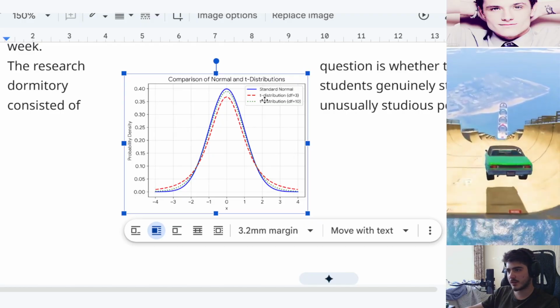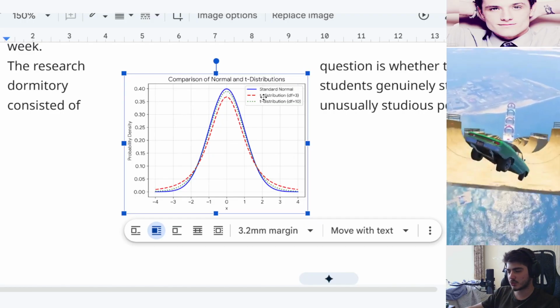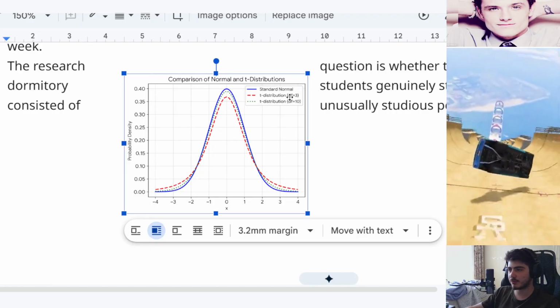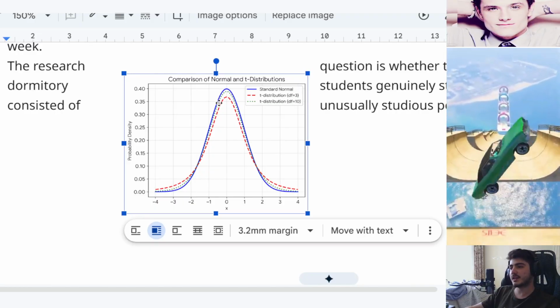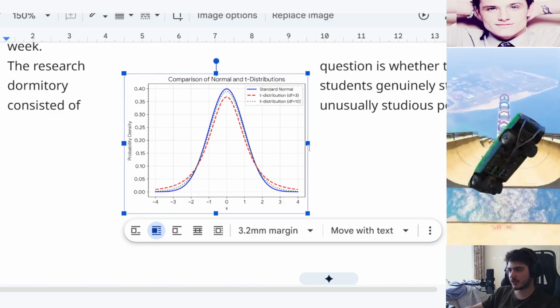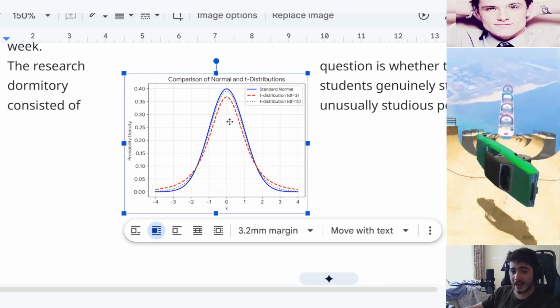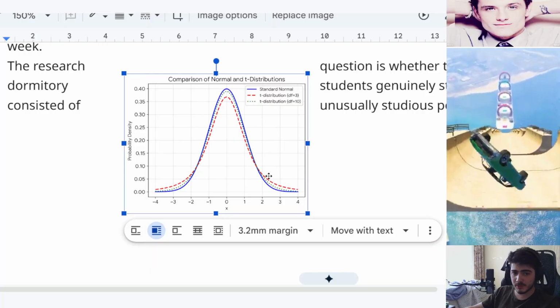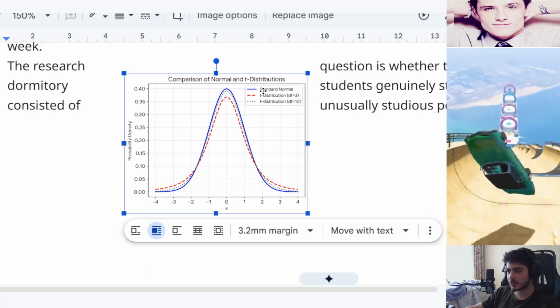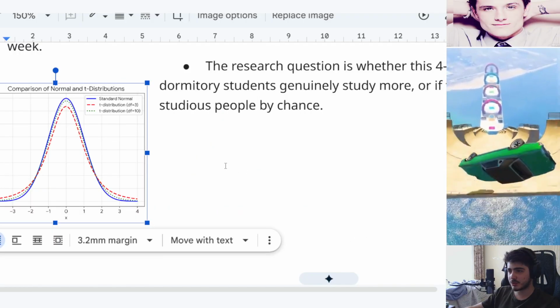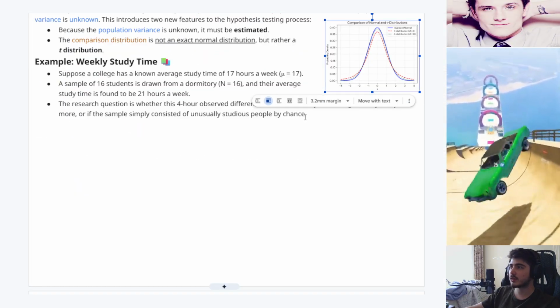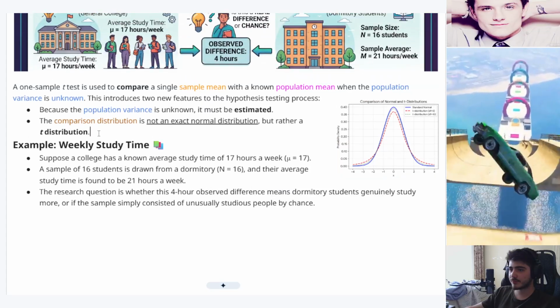But as you can see, the red one is with a degree of freedom of 3, and the green one is with 10. As you can see, as we increase our sample size, we get closer to a normal standard distribution, the bell curve. Let me reset the screen.